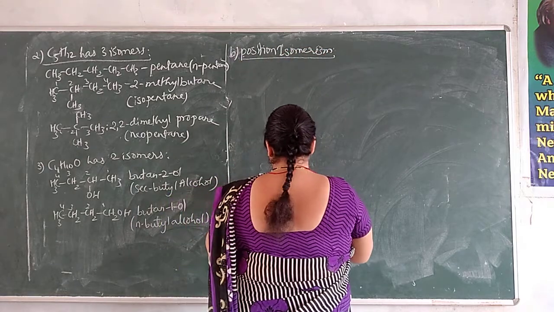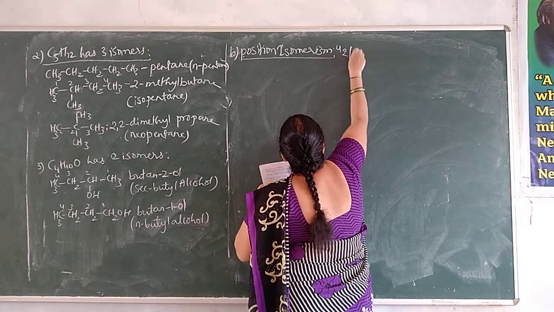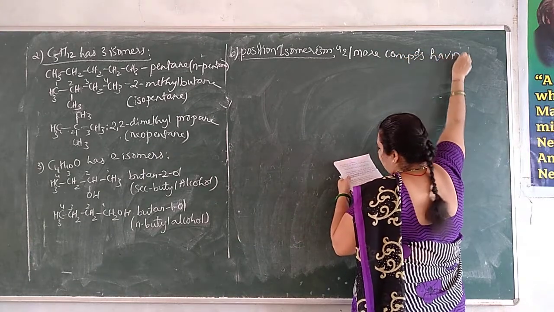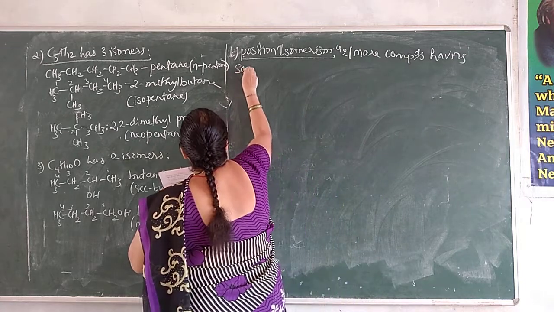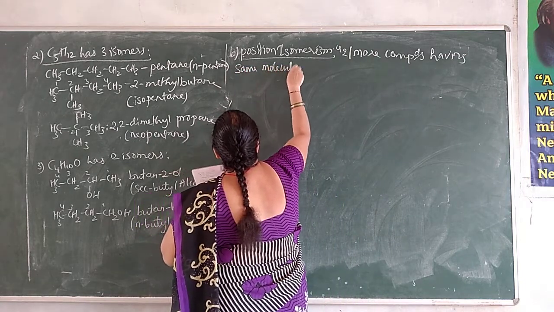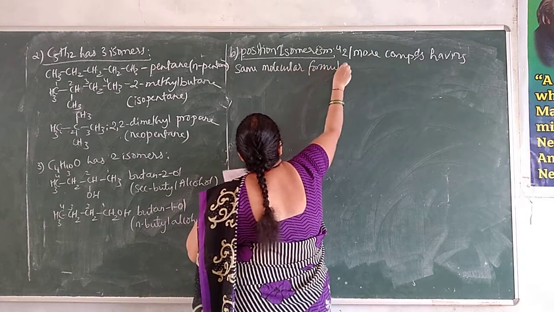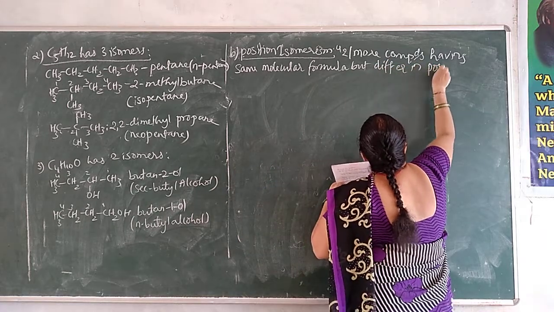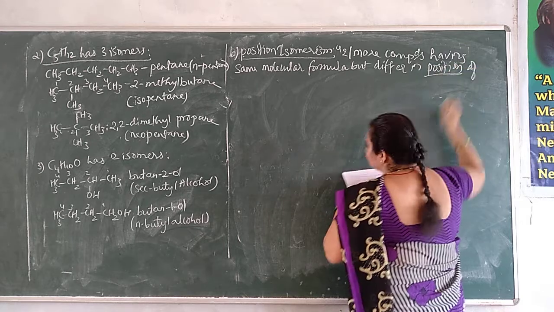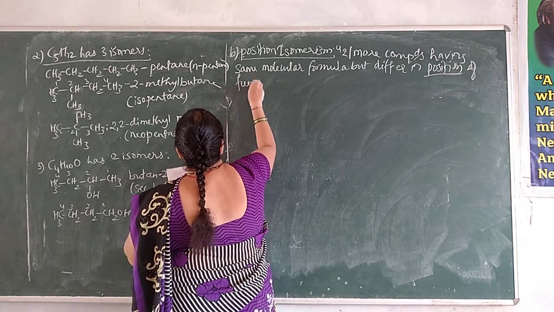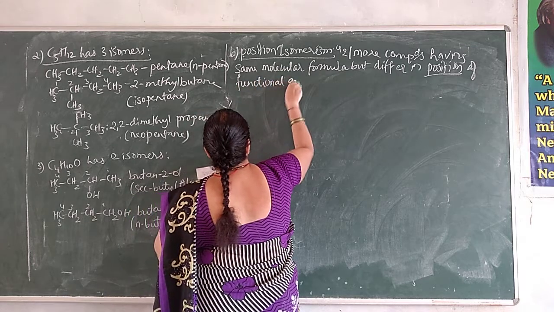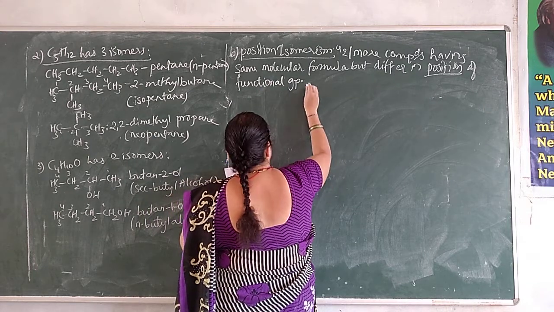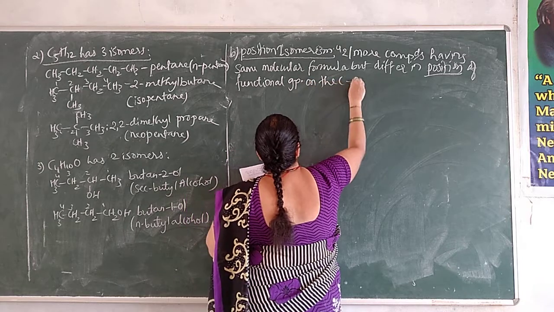In position isomerism, it is the process of two or more compounds having the same molecular formula but differing in the position of the functional group present in the compound, on the carbon skeleton.